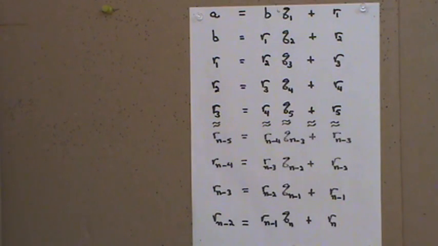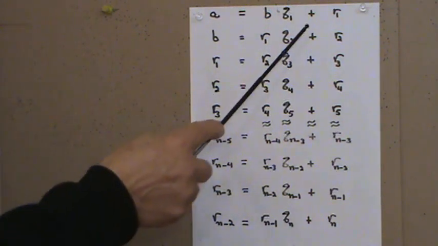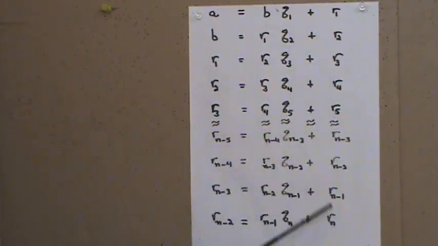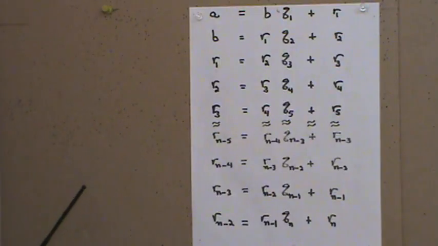Now, let me see if I have another one. I do not. Now, let's see how to prove that Rn minus 1 indeed is the greatest common divisor of A and B. First we showed that there is an end to this sequence, so we have proved that and we are convinced of it mathematically.